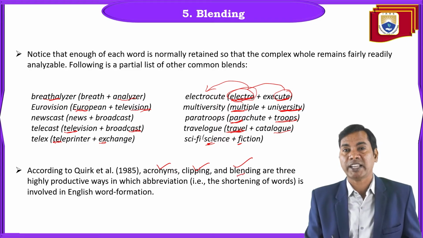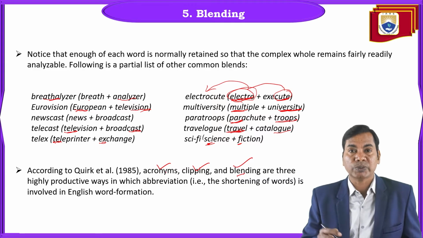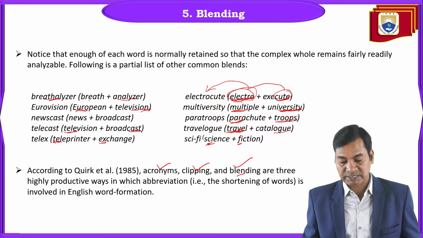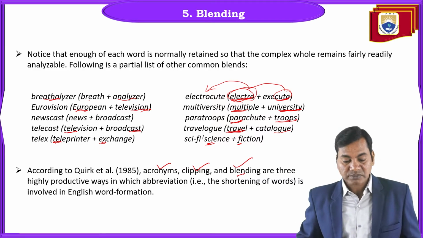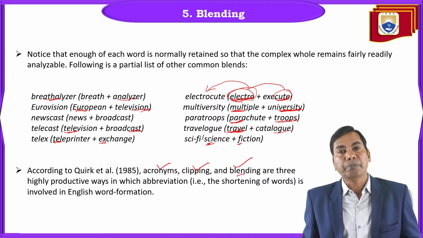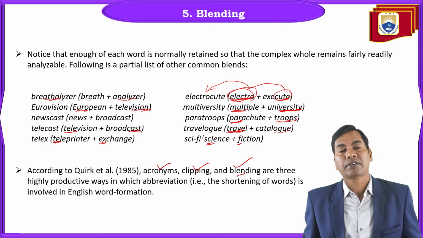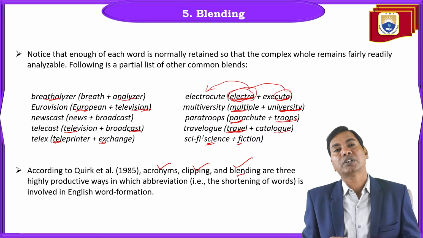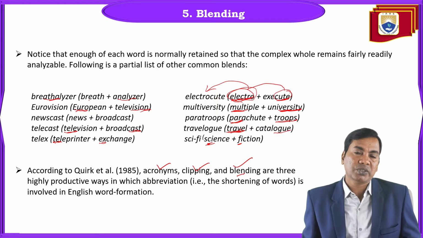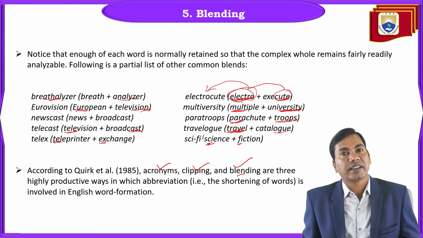We've seen only blending. We will look at these two during this discussion. So we have seen the meaning of the process of blending, and we have seen how to create new words in blending with various examples, right?